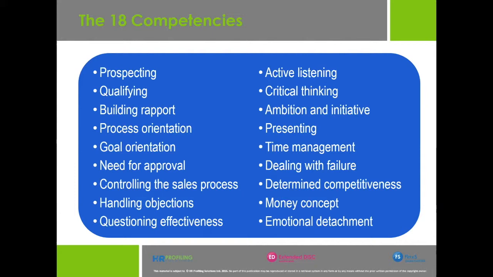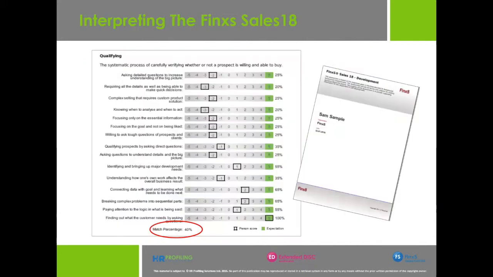Okay, so let's look inside the report itself. Each of the 18 competencies is given one full page. First, the headings at the top, as you can see. Then there is a definition of the competency. And it's this definition I urge you to keep looking over and analysing, to make sure you don't get off track or start to use your own definitions.